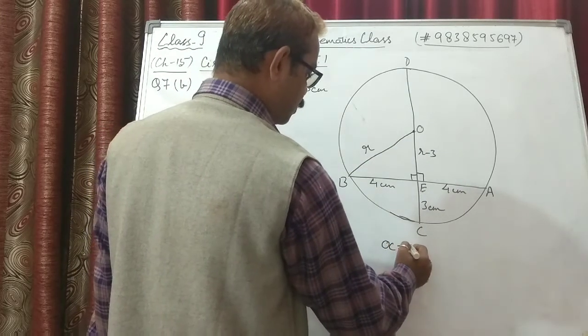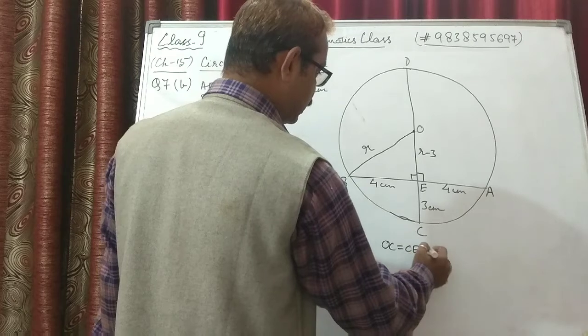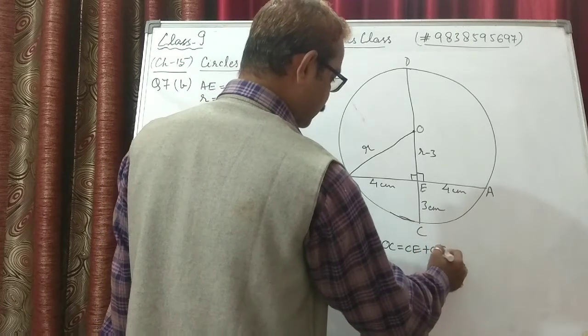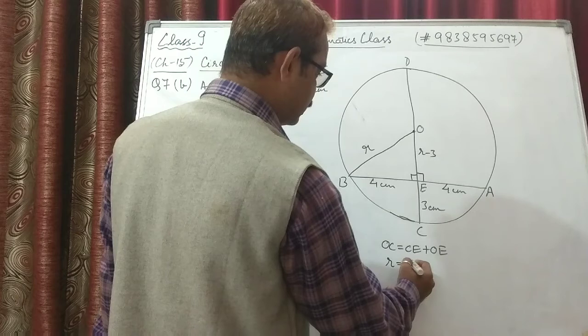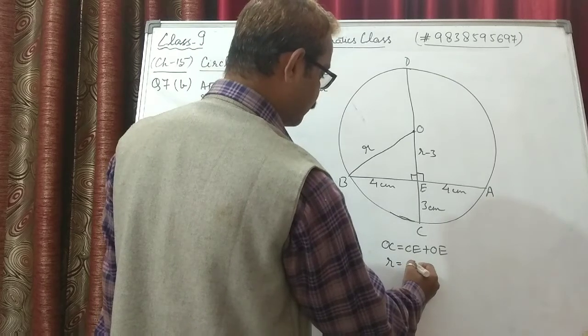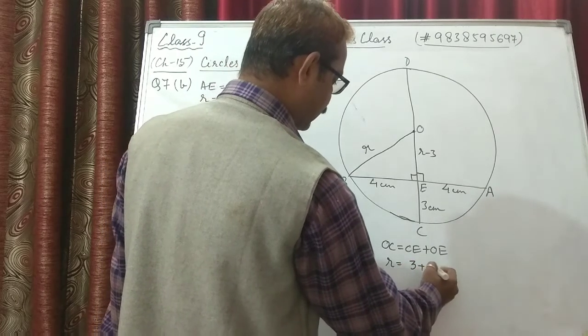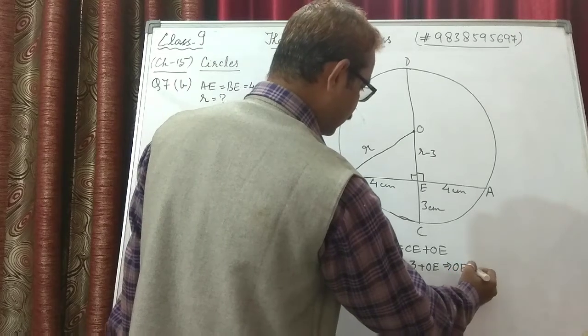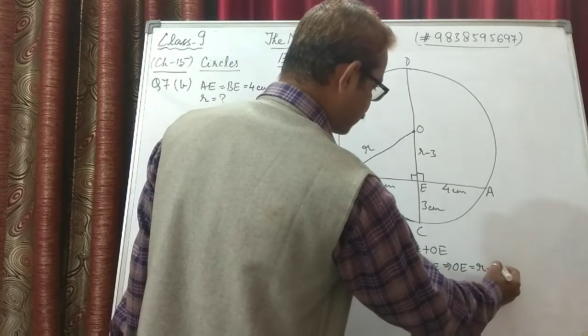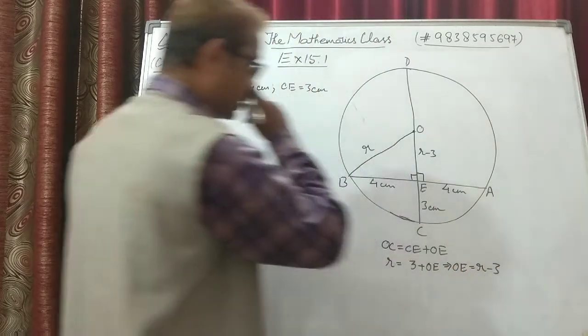OC is equal to CE plus OE. CE is given 3. So we have to find OE, which implies that OE will be R minus 3 centimeters. That is why OE is written.